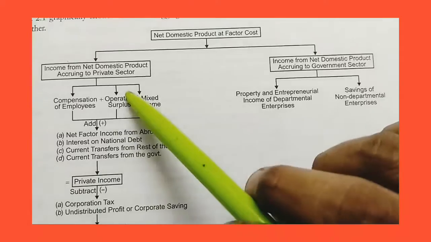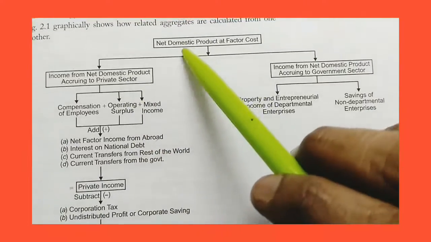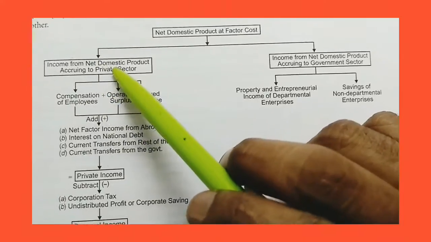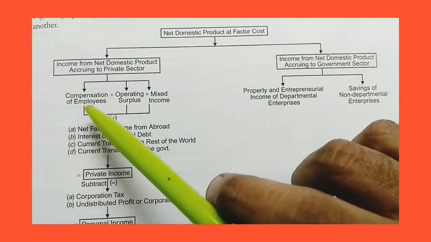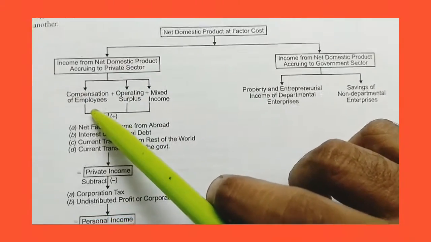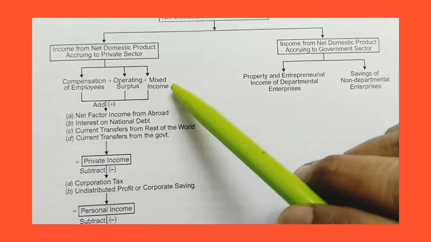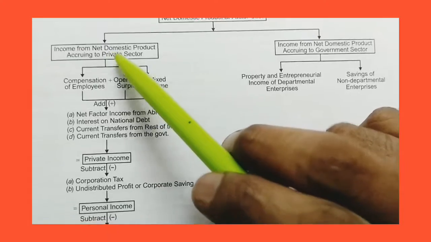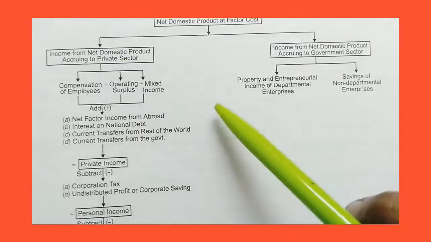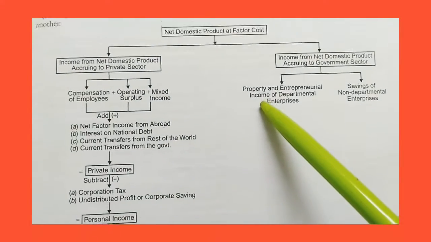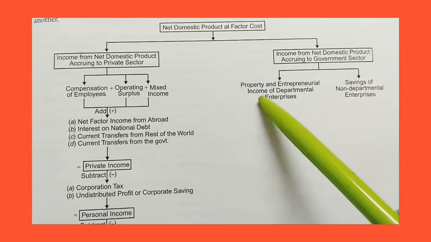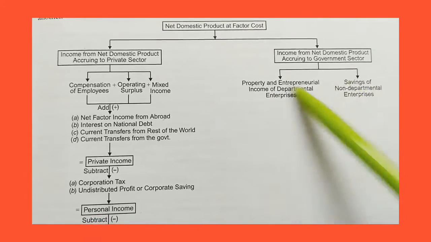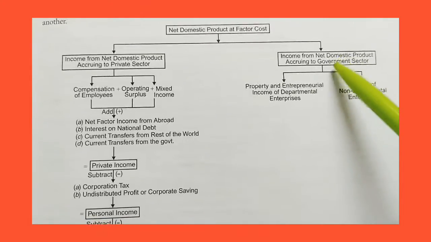If we add these two sectors' income, we get the net domestic product at factor cost. How is the private sector getting income? The compensation of employees, that is salary, operating surplus plus mixed income. These three give the private sector's income. The property and entrepreneurial income of departmental enterprises plus saving of non-departmental enterprises, if we add, we get the government sector income.